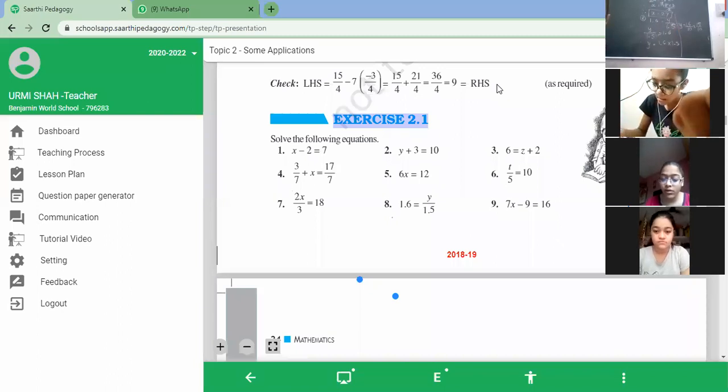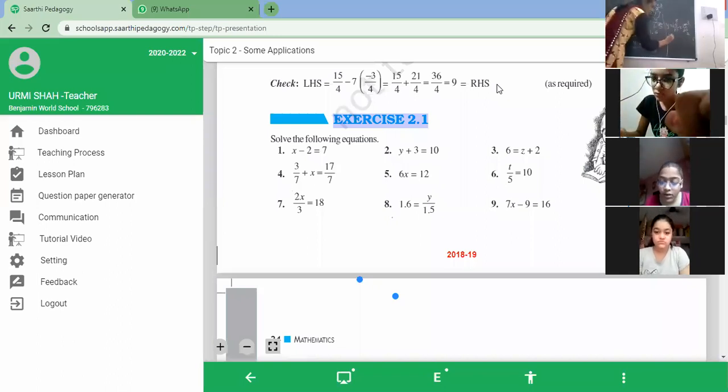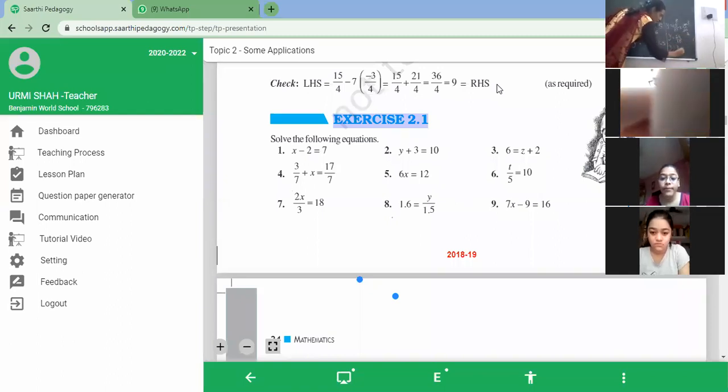Now multiply 15 with 16. So y is equal to 24 upon 10. So you will get y is equal to 2.4. Is it clear to everyone?